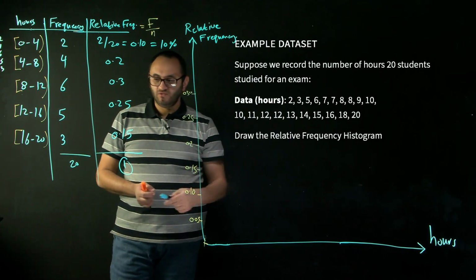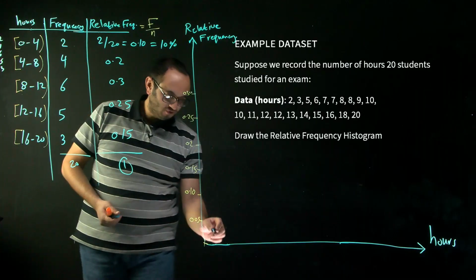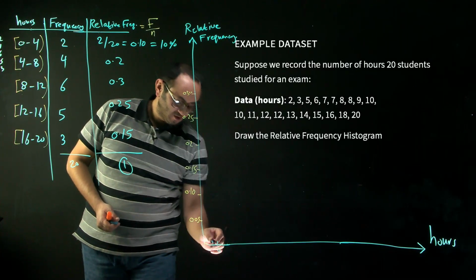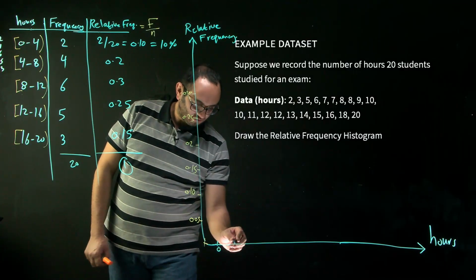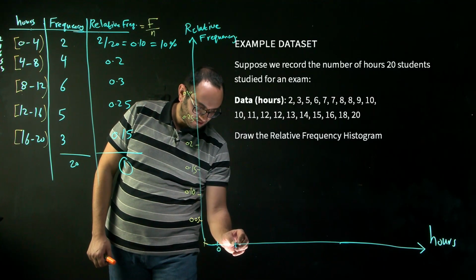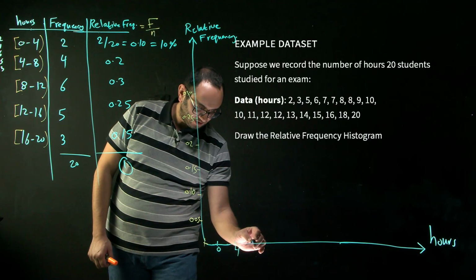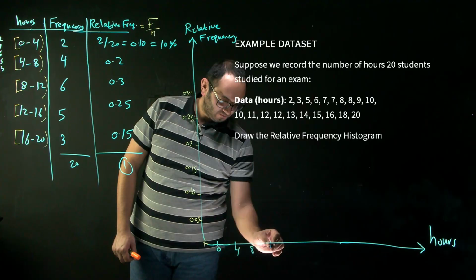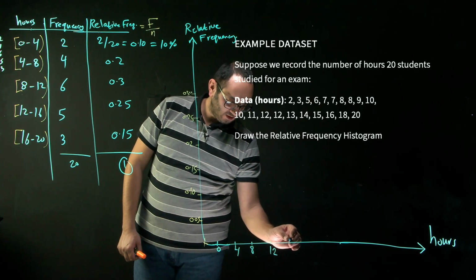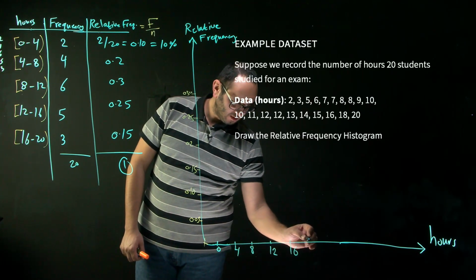And then we have the intervals here, like 0 to 4. Let's say this is 0. The intervals have the same size. So 0 to 4, let's say 4 is here. It should be the same size. 8 is here, 12, 16, and 20.